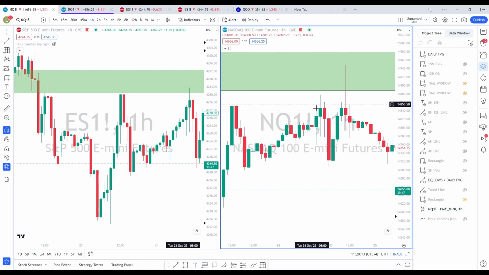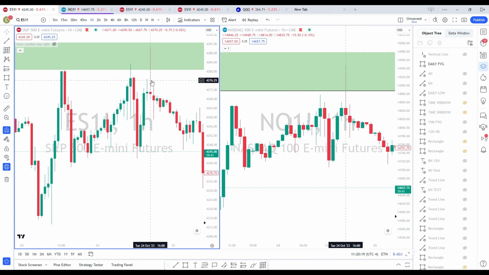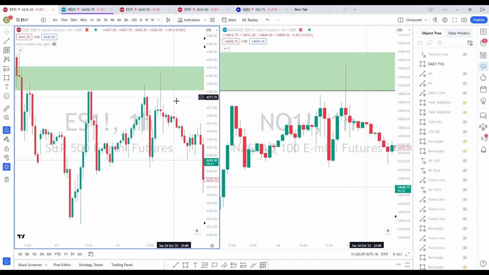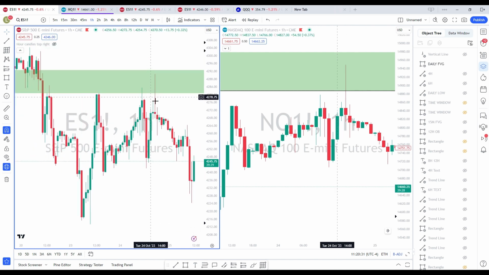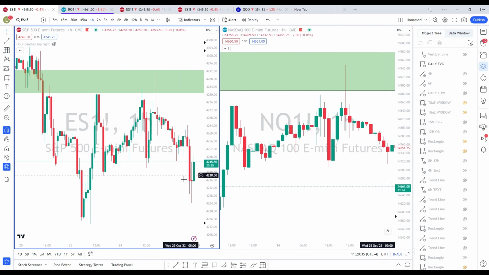But when the news came, I think it was Google earnings, both tested the fair value gap together. When that happens, the probability of a rejection is very high and very big. So the rejection wouldn't be small. That's where I thought, okay, we can really test this low or this low here.